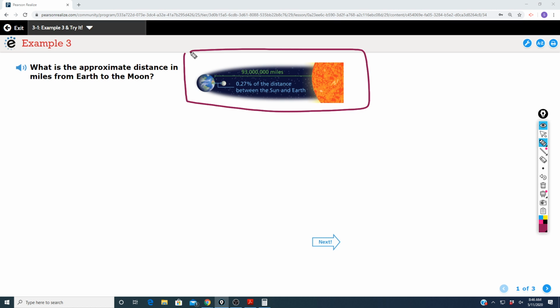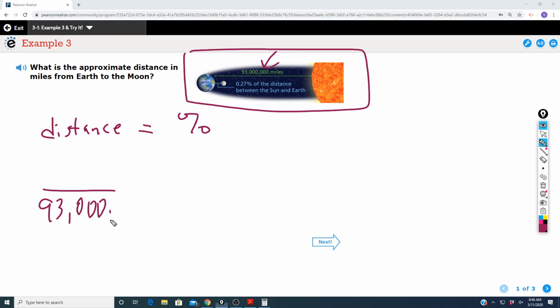Okay, so now we have a little bit of room here. I'm comparing distance to the percent, right? We're trying to find distance. So on my left side, I know that from Earth to the Sun, it's 93 million miles.